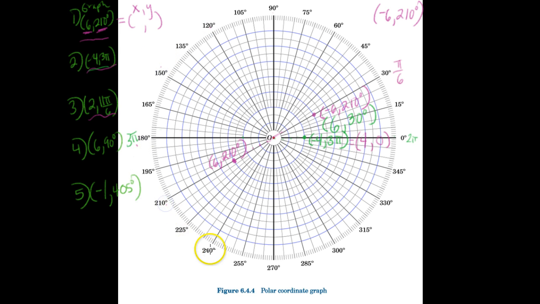Here we go, 7, 8, 9, 10, 11. So this is 11 pi over 6, 330 degrees. And you can always look at the unit circle. And from there, we are 2 units away from the origin. So this point right here is 2 comma 11 pi over 6.